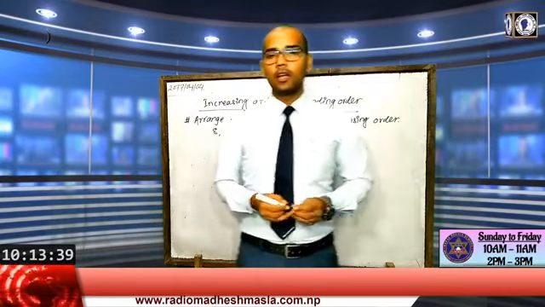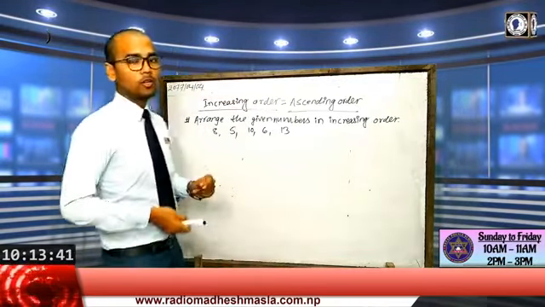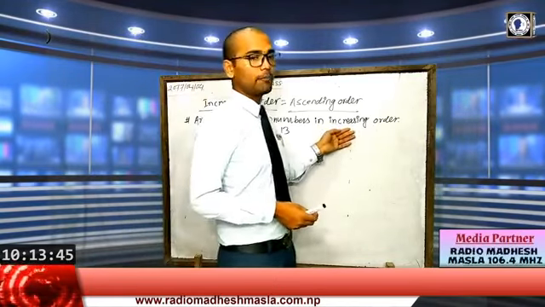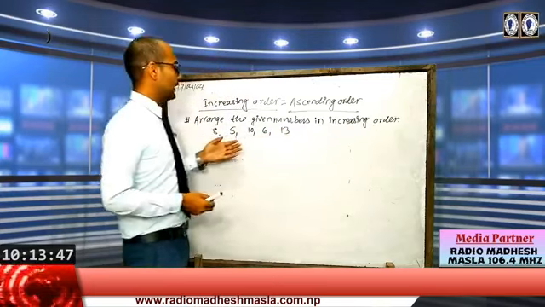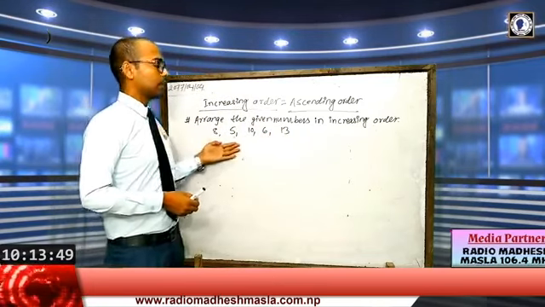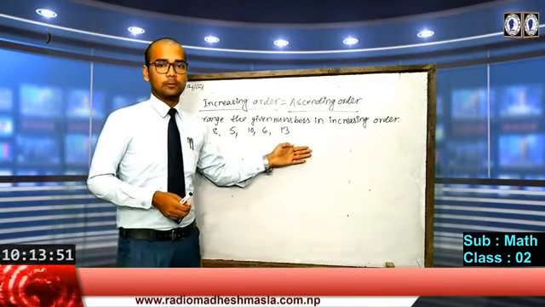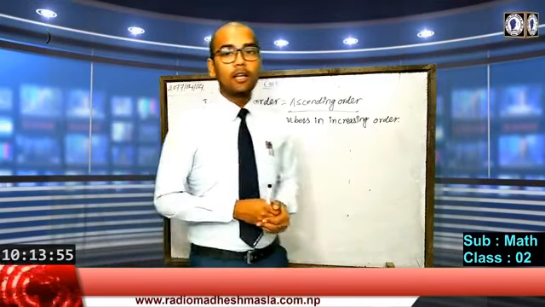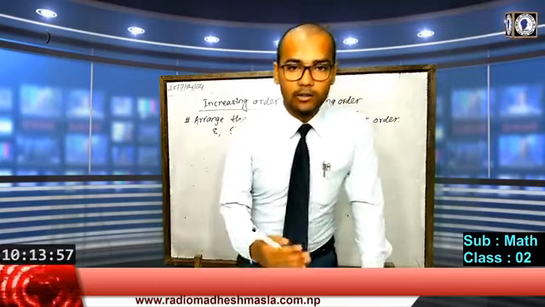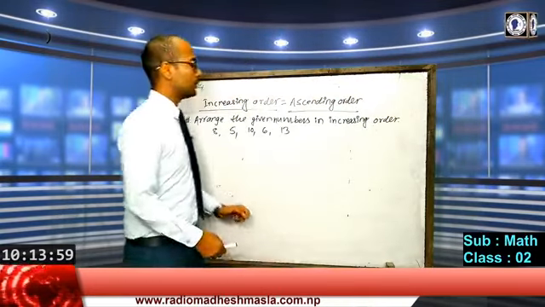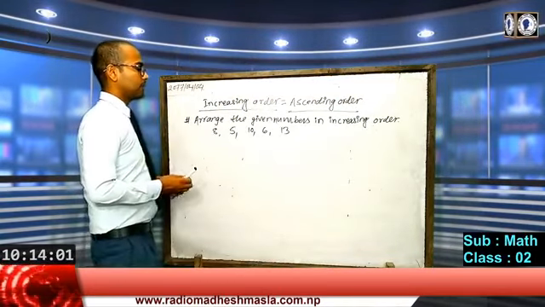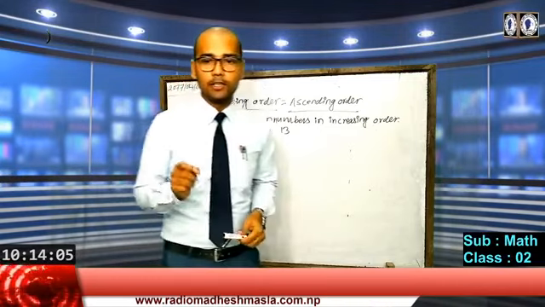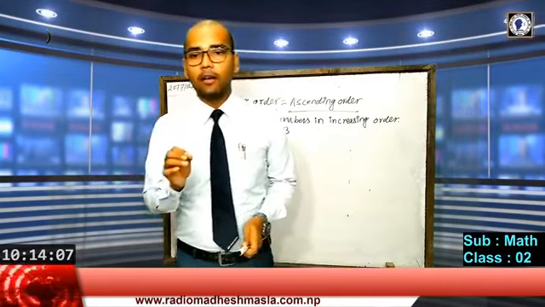And we know that to arrange the numbers in increasing order, we should write the numbers from smaller to greater. So for that, as you learned about the smallest and greatest numbers, we can easily find which of these numbers is greatest and smallest.